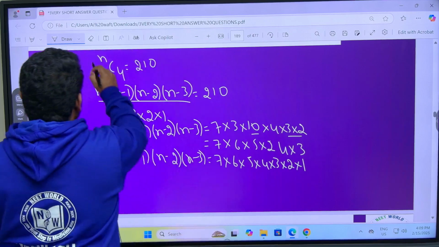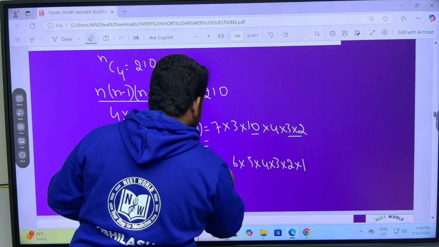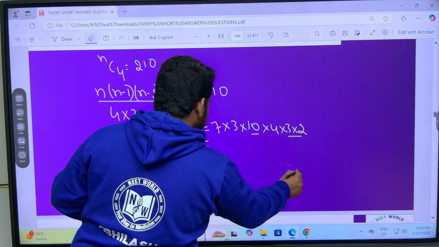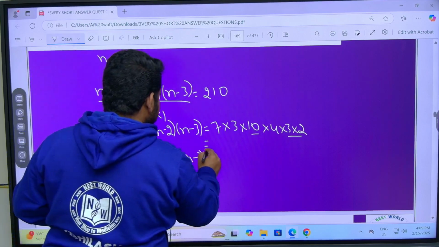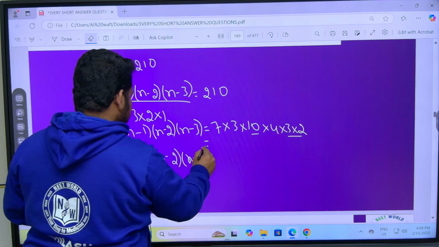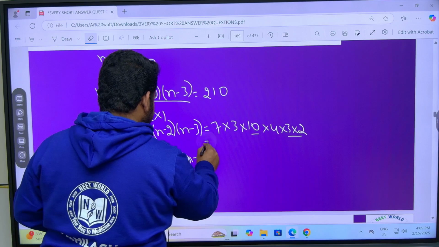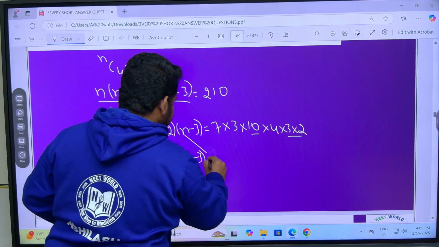Or further, instead of doing this, because we have 4 terms here, we can also make it 4 terms here.